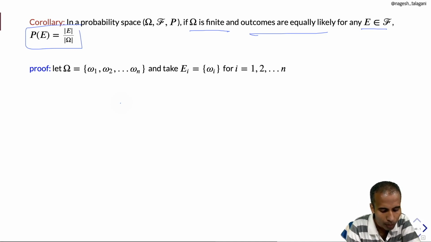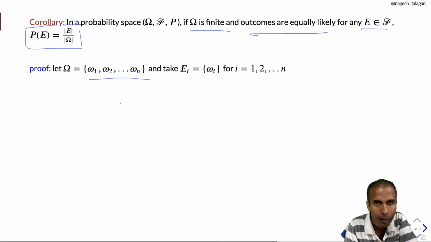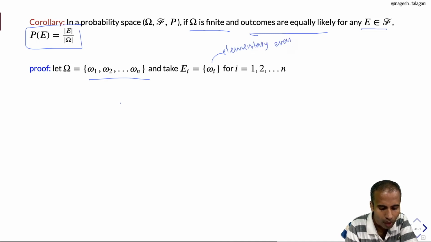Now let omega consist of n outcomes like this: small omega 1, small omega 2, small omega n. And let me take Ei equal to singleton omega i, which are also called elementary events. Singleton events are also called elementary events. Now here outcomes are equally likely means these elementary events are equally likely.